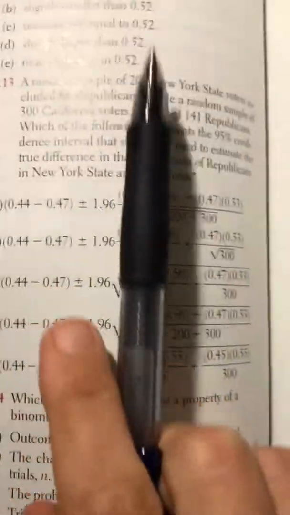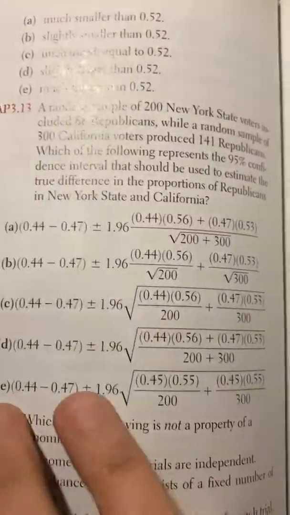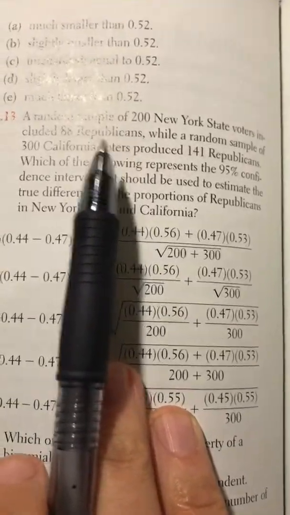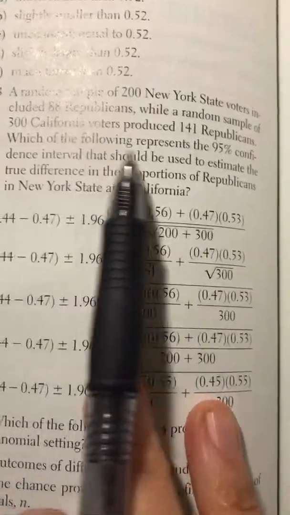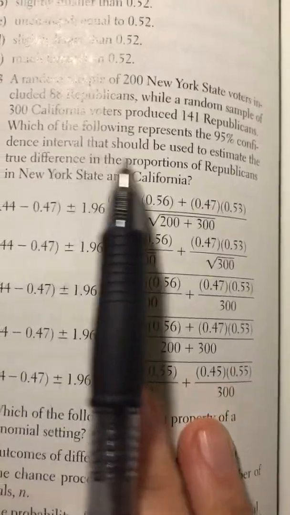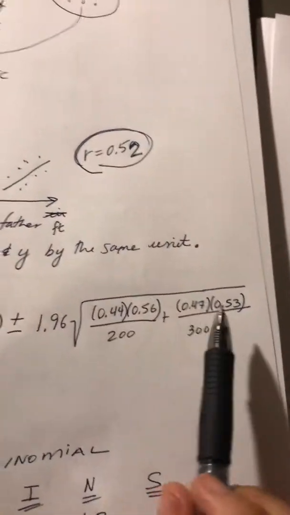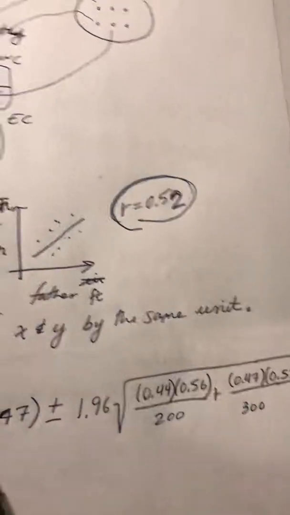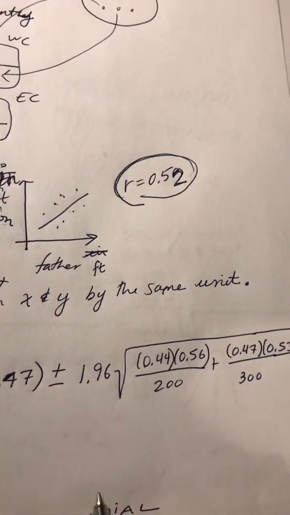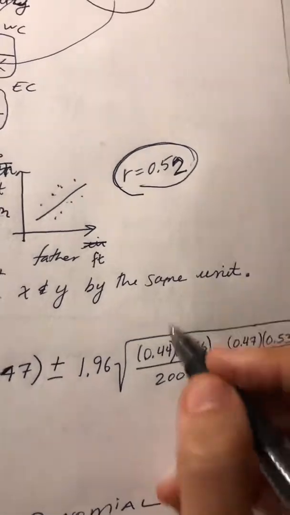All right, next question. 13.3, it says a random sample of New Yorkers voted Republican, 88 Republican, a random sample of 300 voted 141 Republican. Which of the following represents the confidence interval? So we find that this one matches what we're looking for. They wanted the true difference in proportion of Republican.